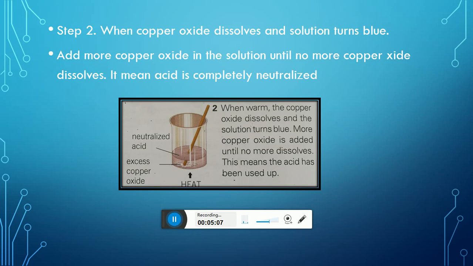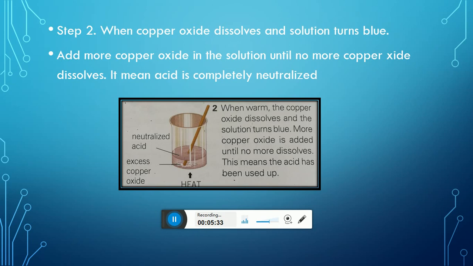So when the color has changed and no further copper oxide dissolves, we get a neutralized solution, and at the bottom we have excess copper oxide.